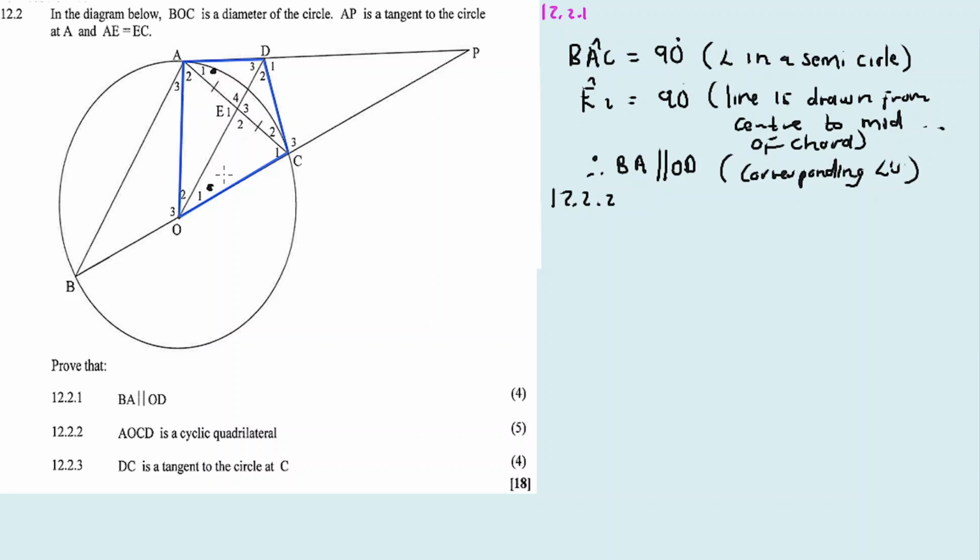This angle is equal to this angle, as well as this angle is equal to this angle. But I can only see one possibility for proving that this is a cyclic quad. Check this out.